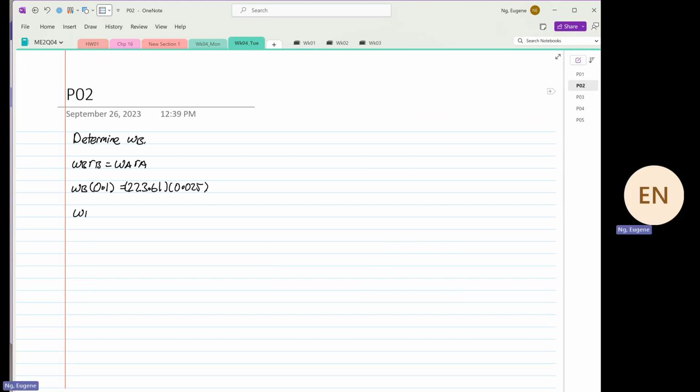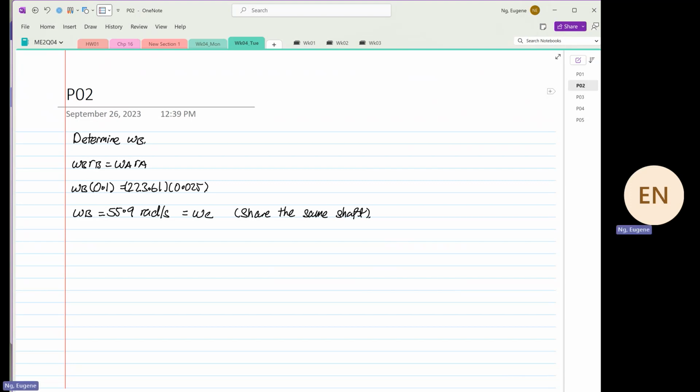So therefore, omega B will be equal to 223.61 times 0.025 divided by 0.1, which is 55.9 radians per second. And omega B is equal to omega C. Why? They share the same shaft, or we assume it to be a rigid body.